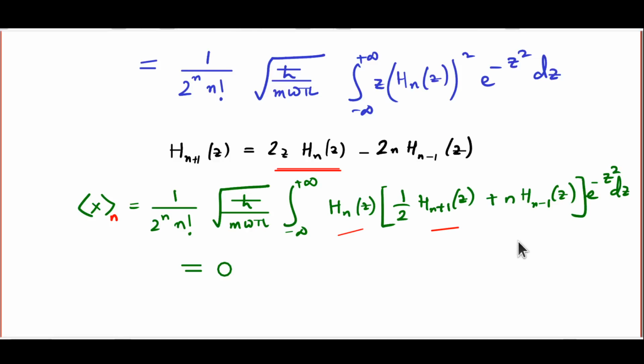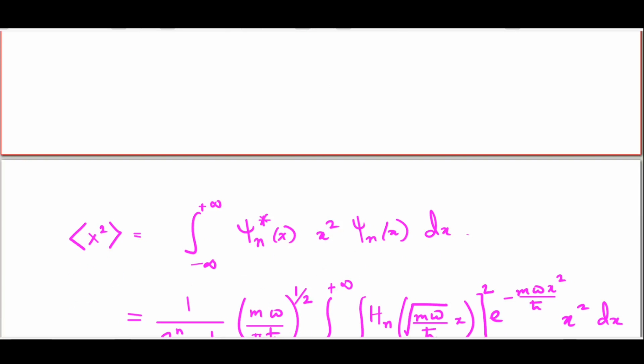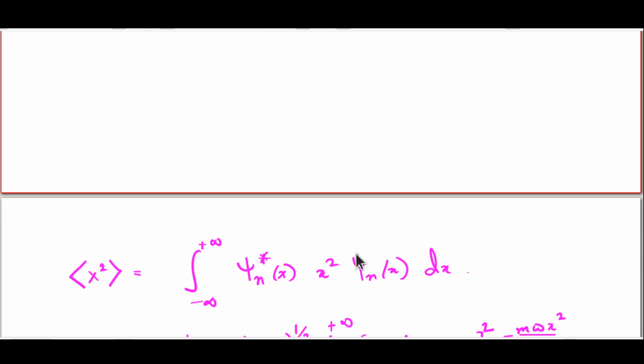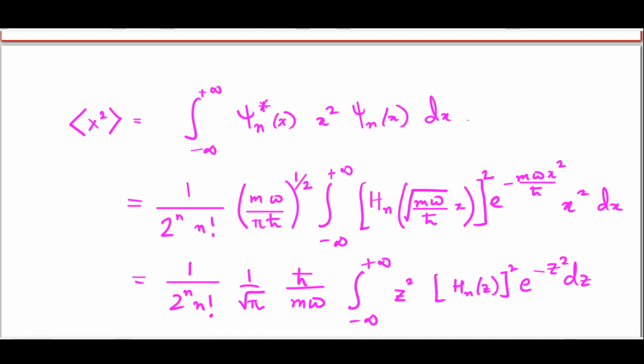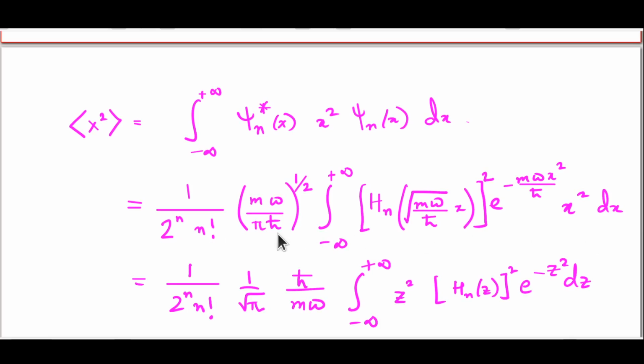Now, having established this completely trivial result, using some non-trivial gymnastics with recursion relations and orthonormality, let us now try to see a case where these techniques will give us a non-trivial result. For this, all we have to do is take a look at how to calculate the expectation value of x squared, which of course is the integral of psi n mod square x squared, and substituting the nth energy eigenfunction leads to this expression.